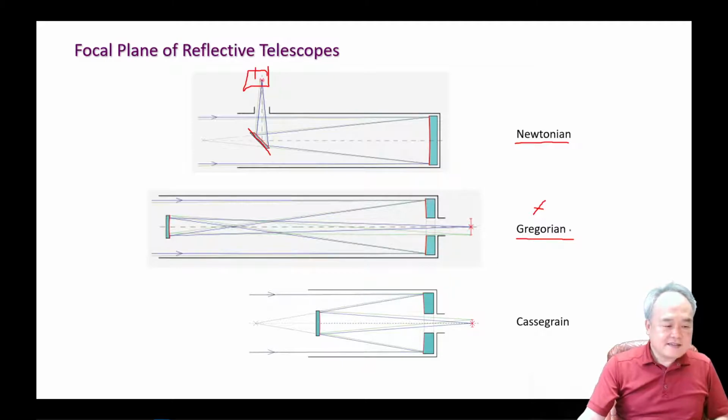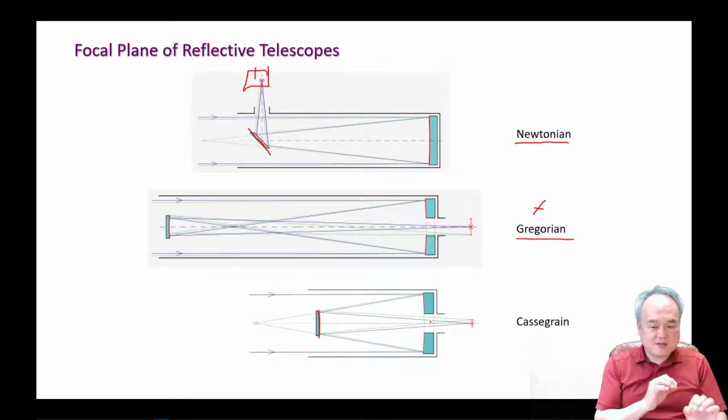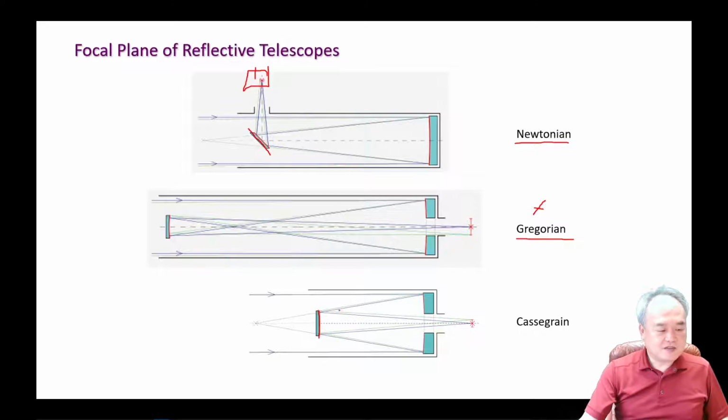Then there is a design similar to the Gregorian, but now using a secondary mirror in front of the prime focus. The central region of the primary mirror has a hole, so that the focused beam can be brought outside of the telescope tube. Then an instrument or eyepiece can be attached on the backside.